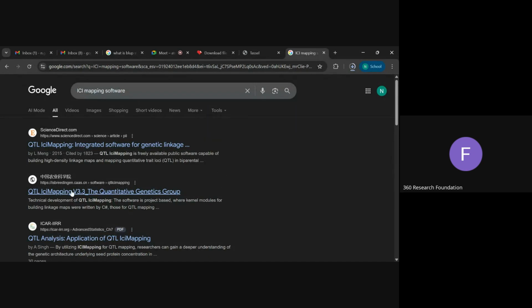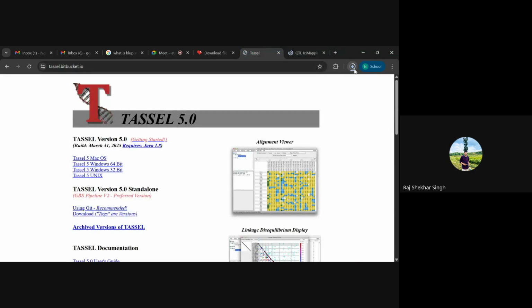Here it is showing 3 by 3.3, but I think latest version is 4.2. Just click on it and just go to the website. So while downloading Tassel software, it is showing the warning, sir, that running this app might put your PC at risk. So, shall I run it? So if you will install any software, that warning message will be there. Okay, so no problem.